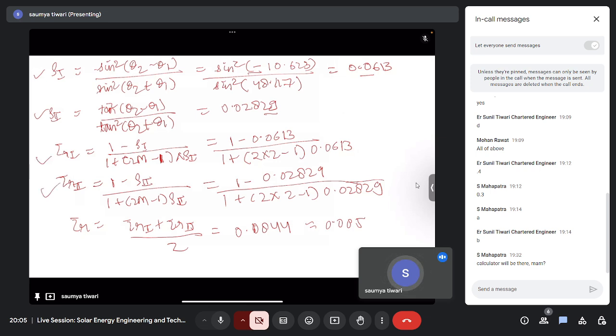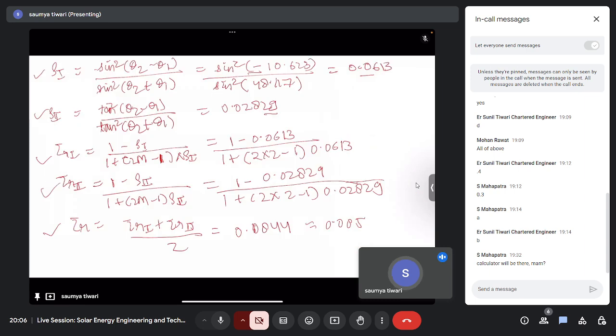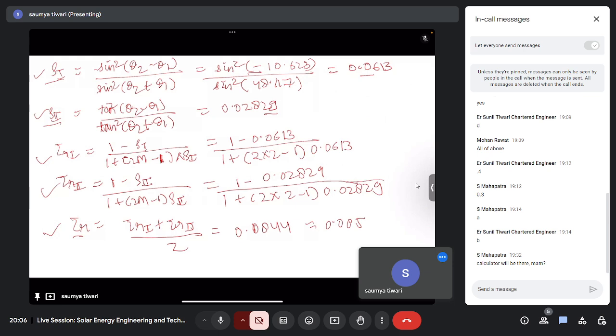Since we are beyond our time limit for this session, you just need to know how to calculate the reflectivity of two components of polarization, which will be tau r1, rho 1 and rho 2, and this is the transmittivity of the glass cover, which we calculate based on reflectivity and refractivity. I will rectify this calculation and then upload it on the portal. But I hope the approach to solve this question is clear.